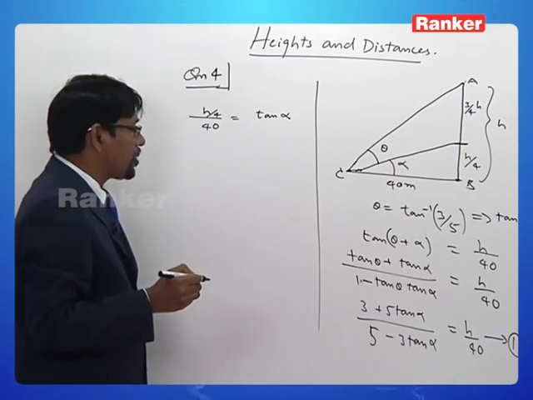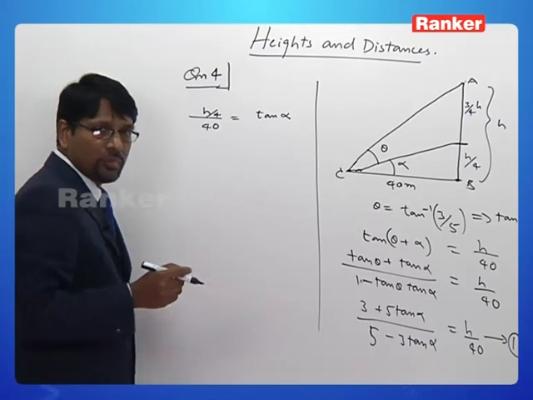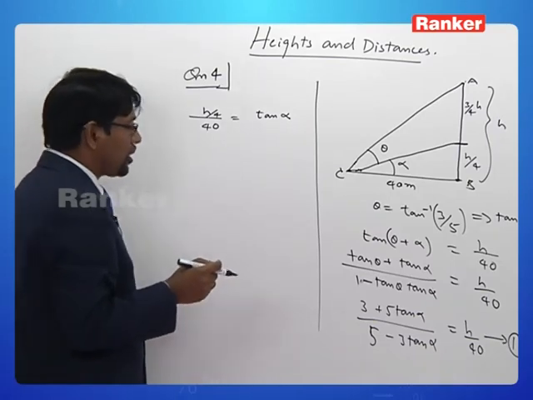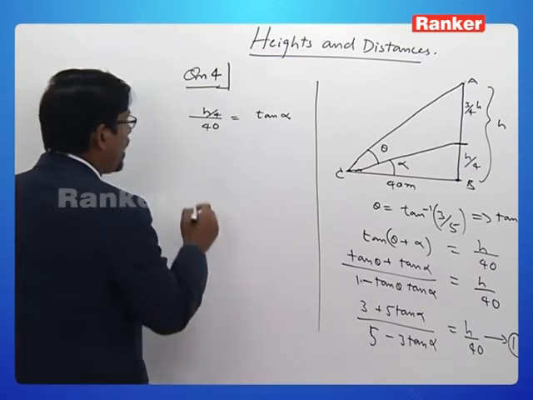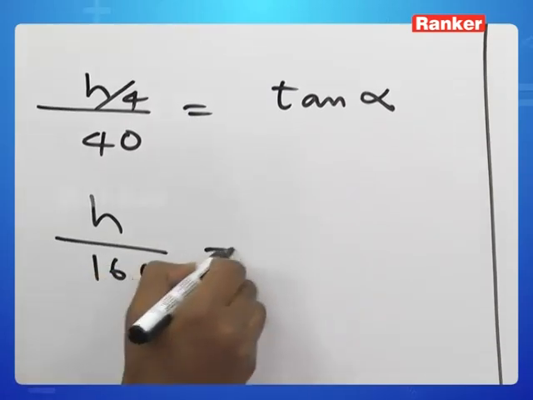Okay. So, let us see what we can do here. What we have here is h by 160 is equal to tan alpha.